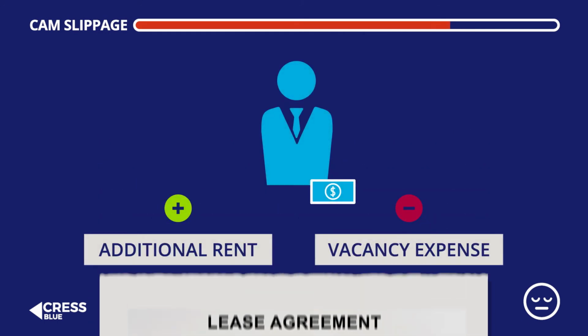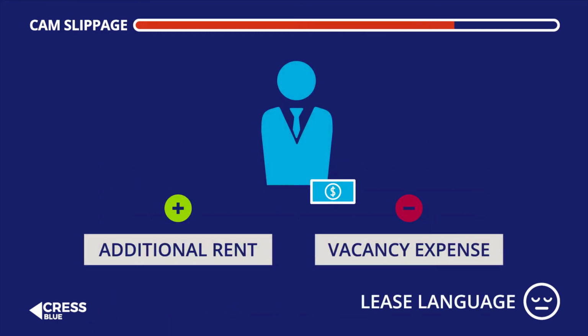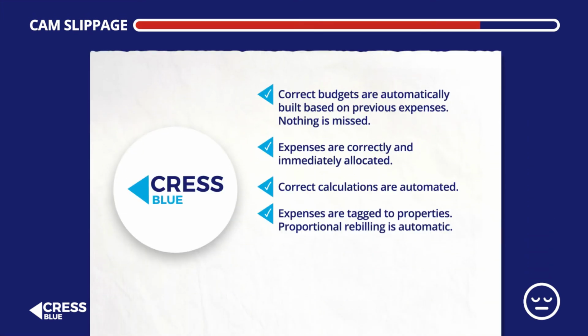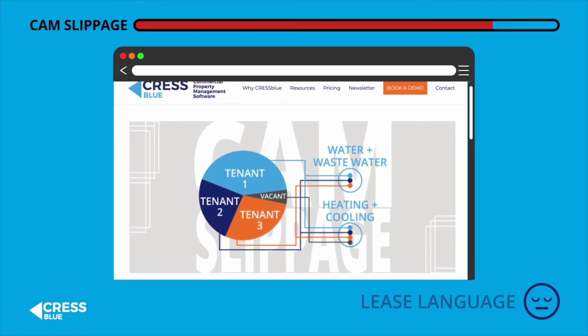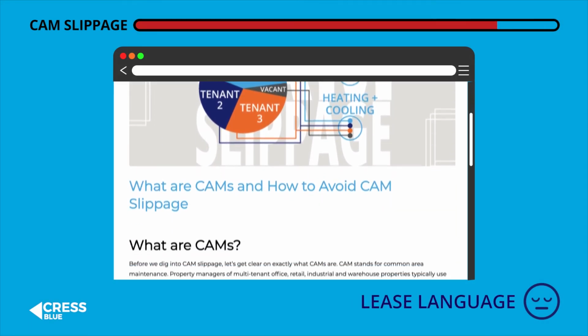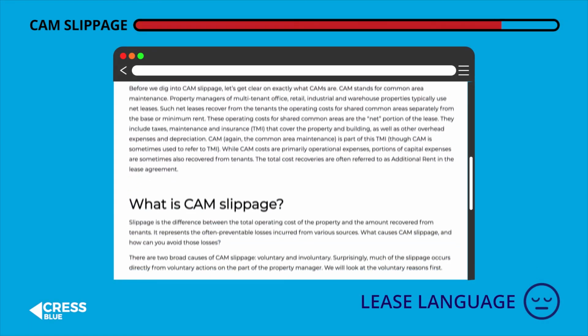Yet few administrators actually separately track the variable expense portions, nor process the recovery of these costs solely from the occupied areas. They end up allocated as vacancy expenses rather than additional rent. This is just one example of common lease terms that are often misunderstood, resulting in lost recoveries. For more examples, read our article, What Are CAMs and How to Avoid CAM Slippage, or message us.